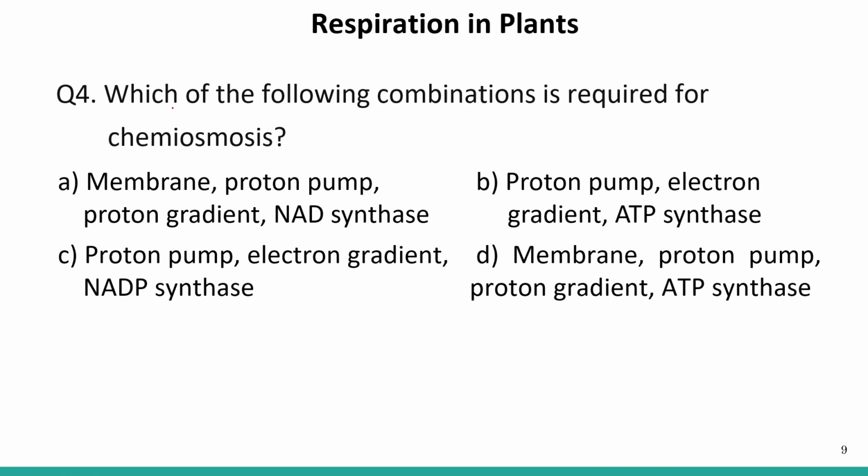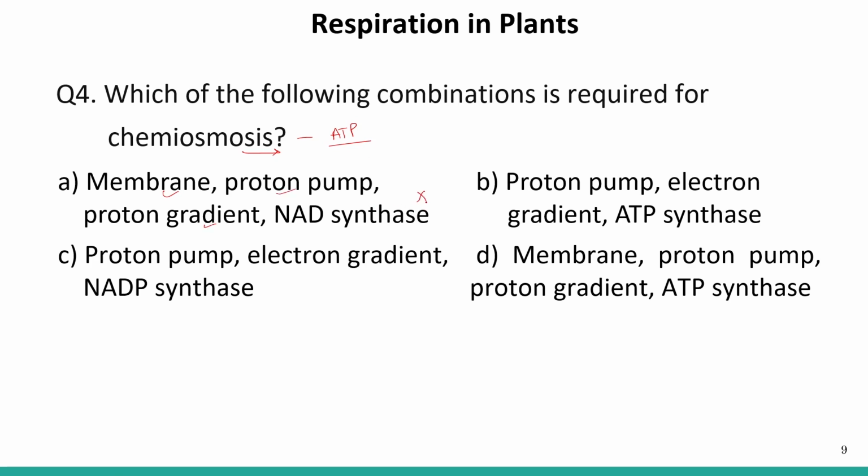Now coming to the next question, which of the following combinations is required for chemiosmosis? Okay, what was chemiosmosis? Formation of ATP by the breakdown of the proton gradient. Alright, so these are the options: membrane, proton pump, proton gradient, NAD synthase.